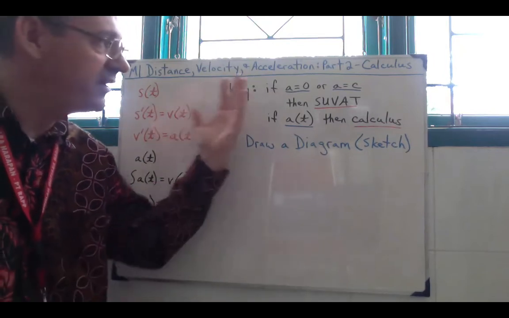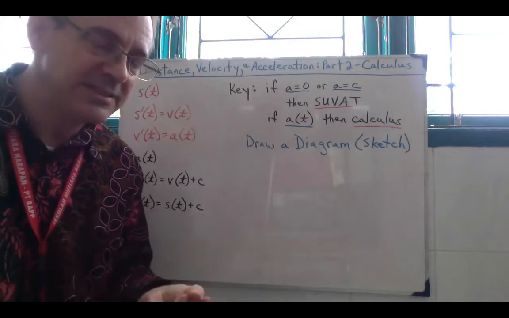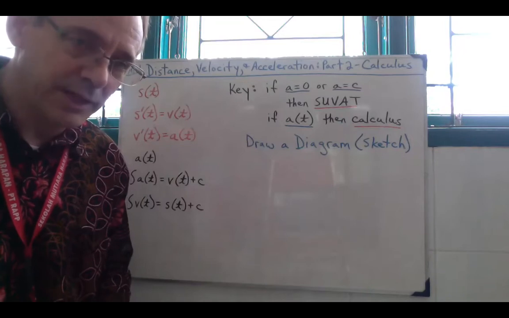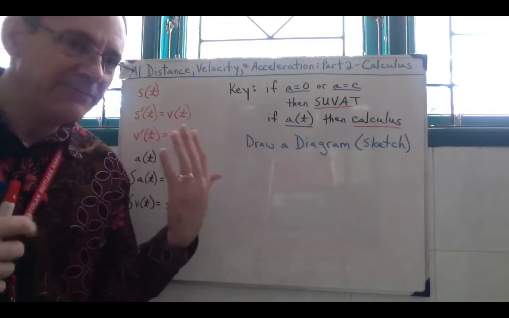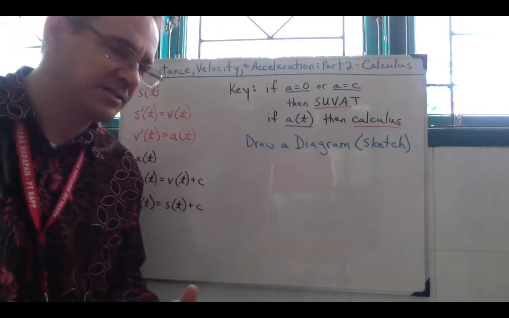Well, in this application, they're not going to explicitly give you a point to plug in to find the plus c. You're going to have to think a little bit about the initial conditions.